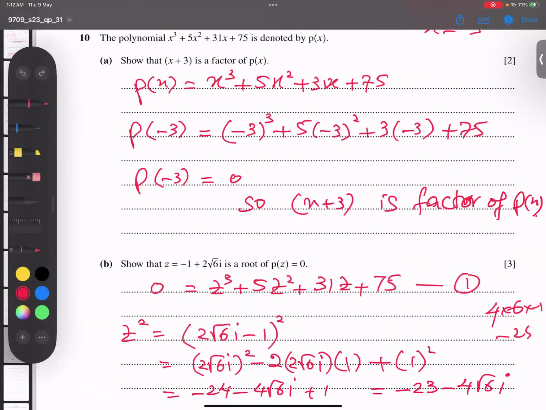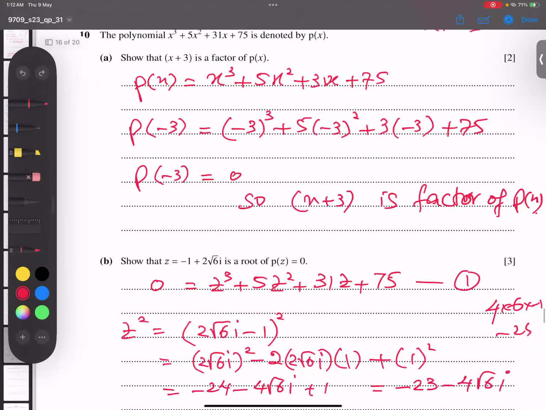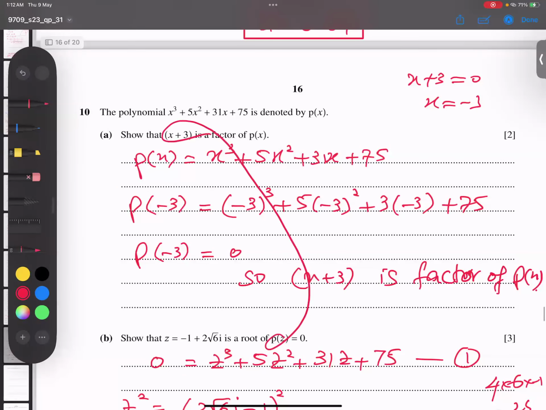So first of all, you know it very well. In X language, we have one factor here, and in the same way, in Z form, I can say I have one root coming from here, which is Z plus 3, one factor.